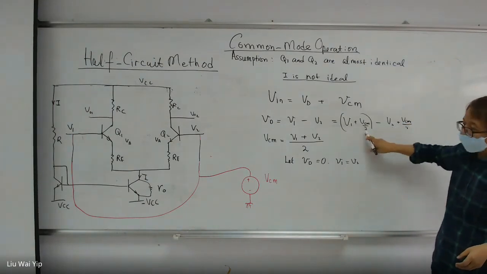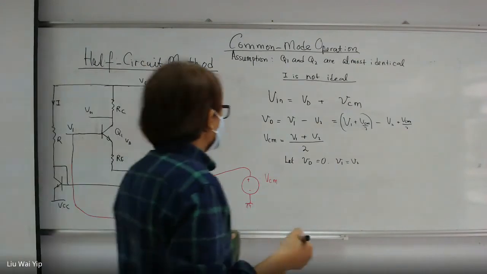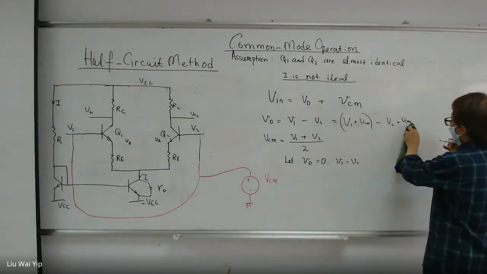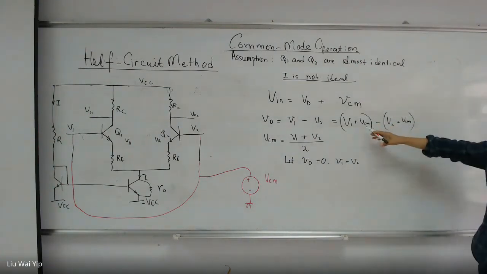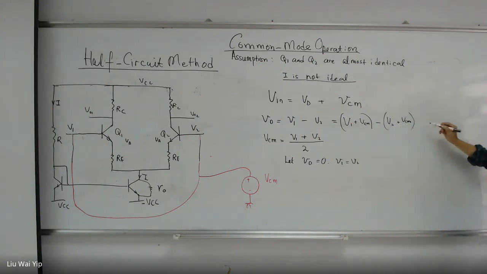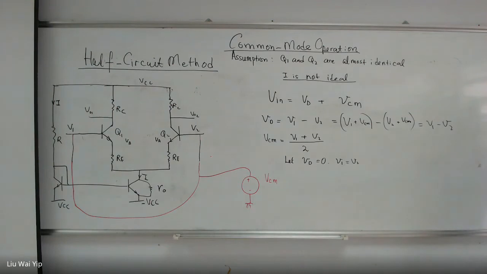Say this Vcm is noise. So eventually, it cancels off each other. This expression minus this expression, you end up with exactly the same thing. So this is why we need the differential amplifier.